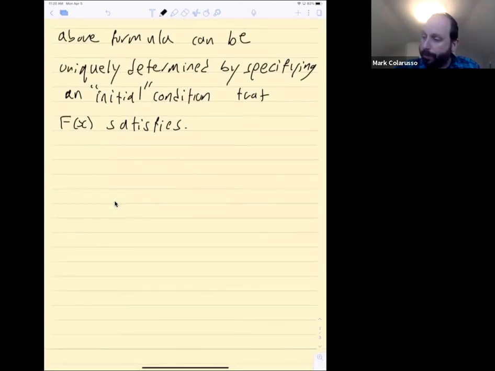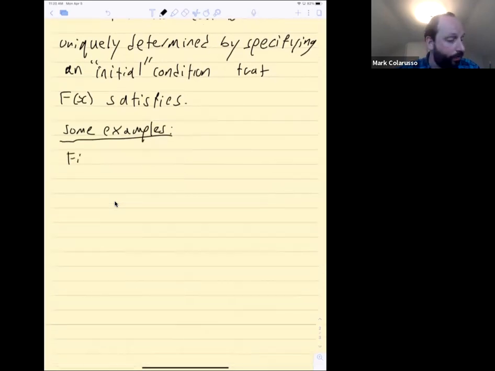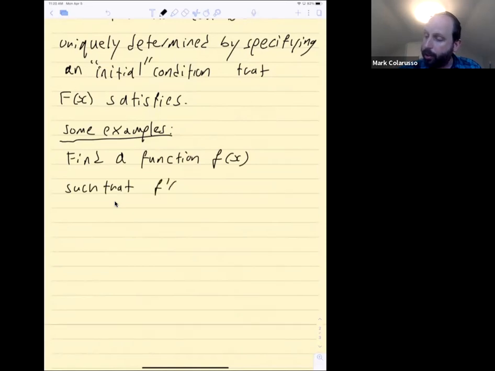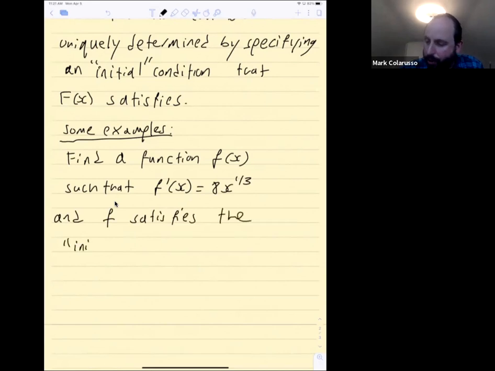Okay, so let's just do some examples. Find a function f at x such that the derivative of f is 8 times x to the 1/3, so 8 times the cube root of x, and f satisfies, we can think of this as an initial condition, but it's just a condition.